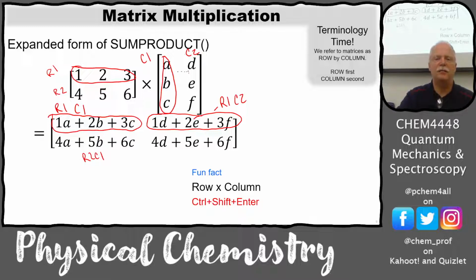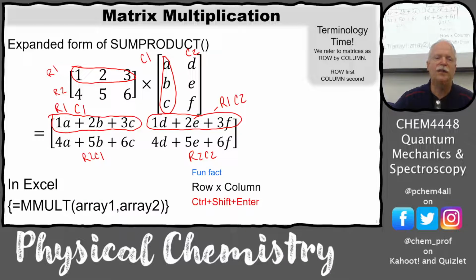And then R2 times C2, we get R2 C2. So we have 4 integrals here that we've done with Control-Shift-Enter. I've got 2 arrays here and 2 arrays there. I do this matrix multiplication, and I get 4 integrals out of it. I get all possible combinations.